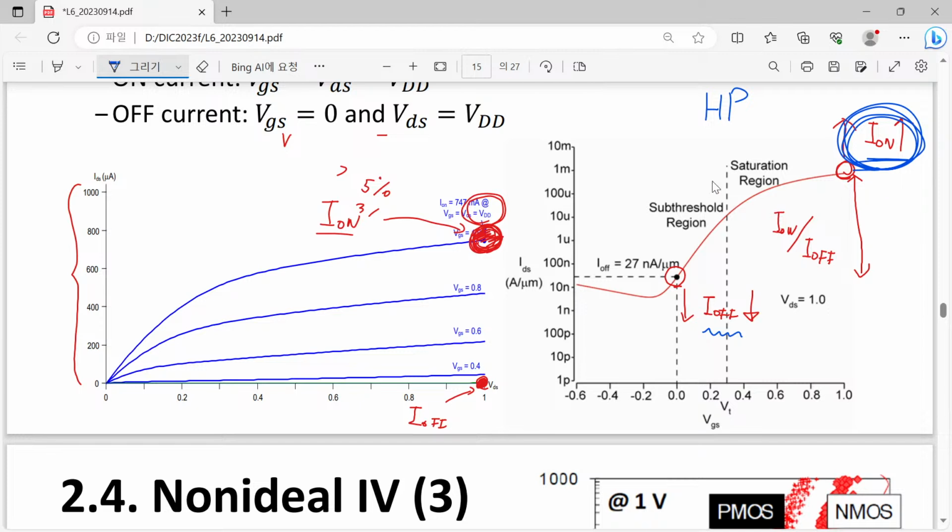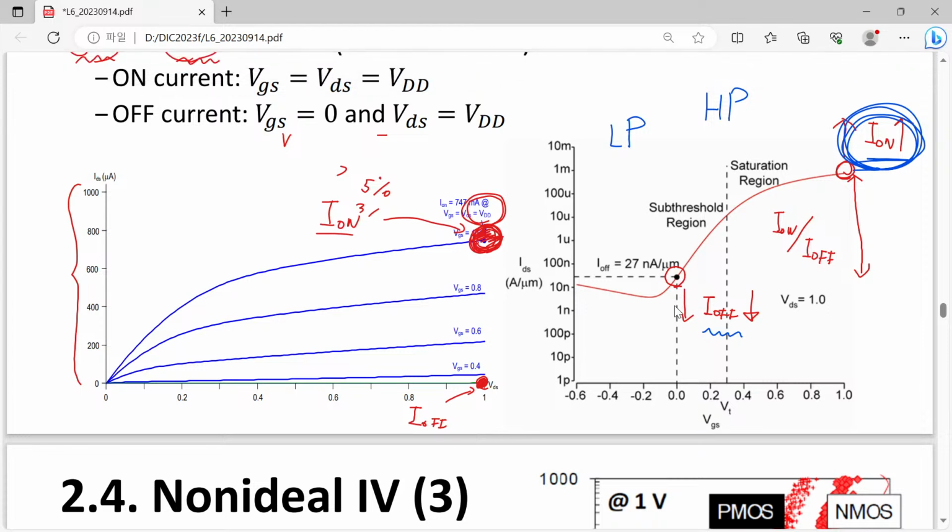However, unfortunately, when we turn it off, we will still have a lot of leakage current. That is one option. On the other hand, we can have a low power device, meaning that we have an extremely small I_off current. Then there is no hope for us to have a powerful device.